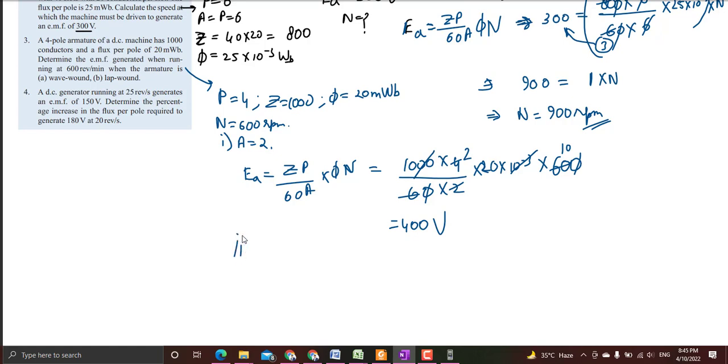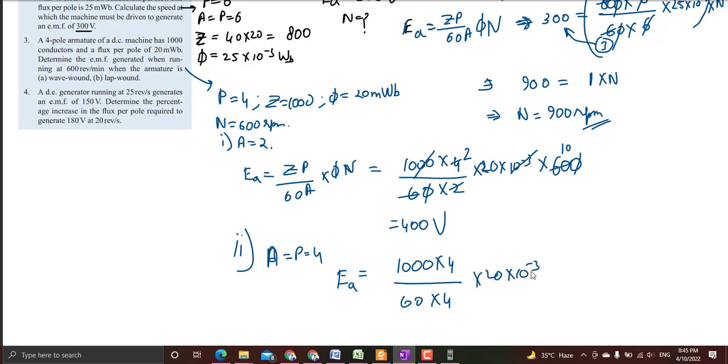Now for lap winding, A is equal to P is equal to 4. So EA here will be 1000 into 4 divided by 60 into 4 into 20 into 10 to the power minus 3 into 600.